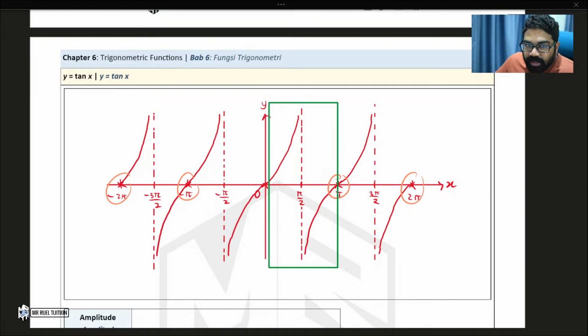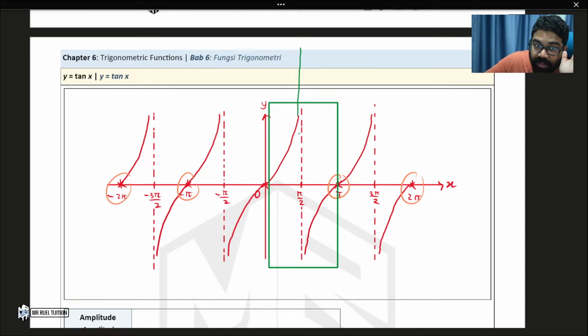So tangent graph class, what this means is, this graph, this part, dia akan terus naik, it will continue, no? It will increase, increase, increase until infinity, sampai infinity. Okay, it will never stop.